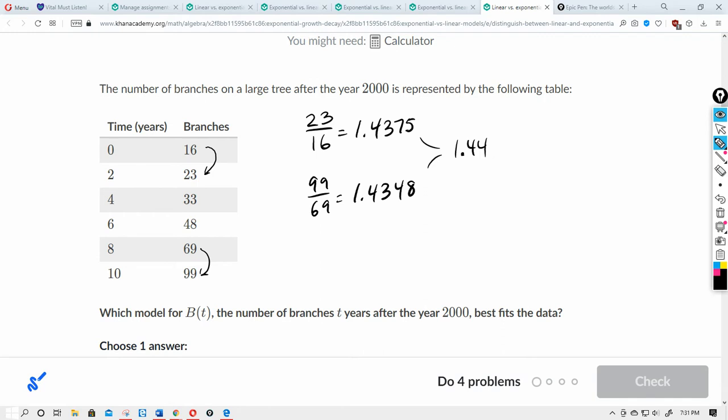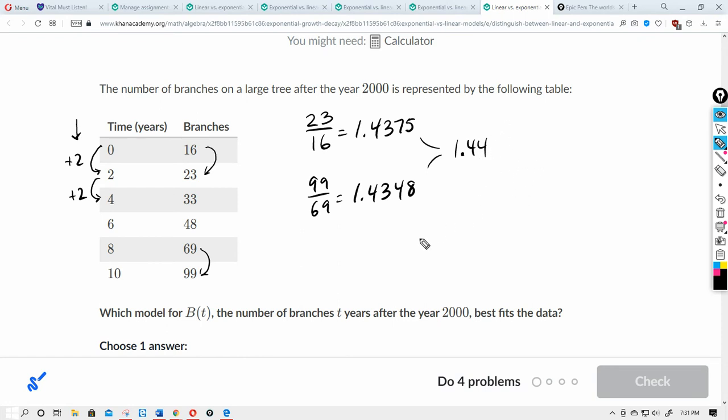Okay, but now the problem is these jumps on the left hand side, these go up by 2 each time. Okay, so what we're going to have to do is take however much this increases by each time, we're going to have to take that root of this number.